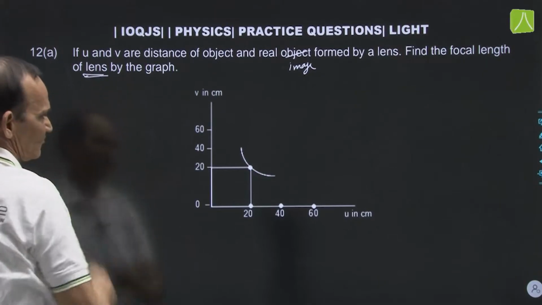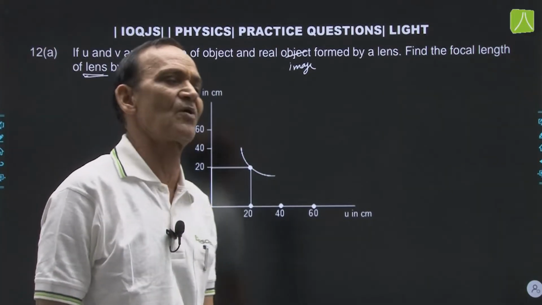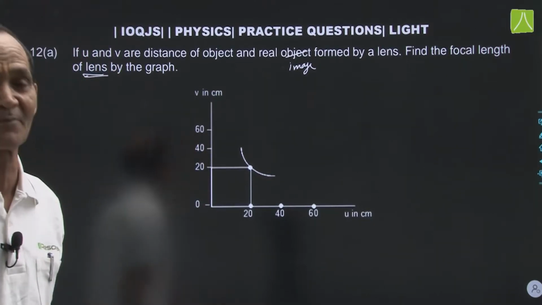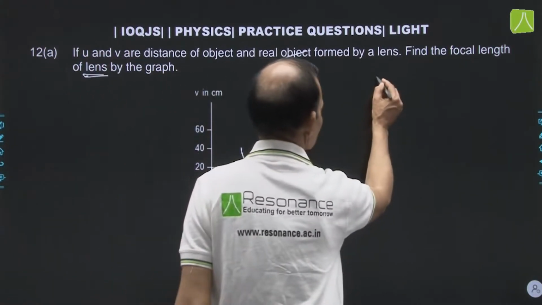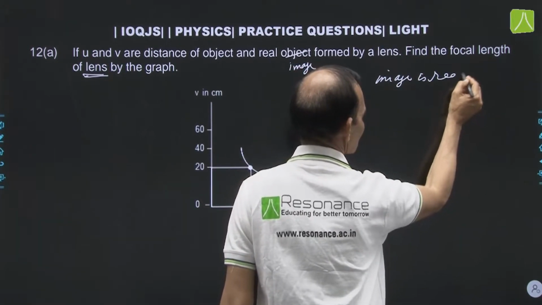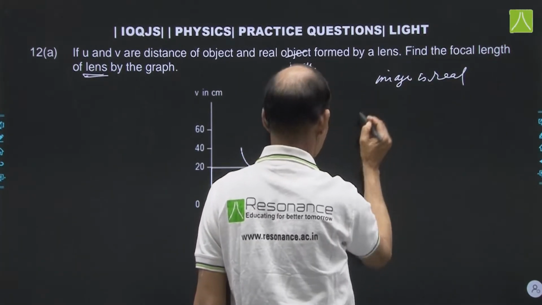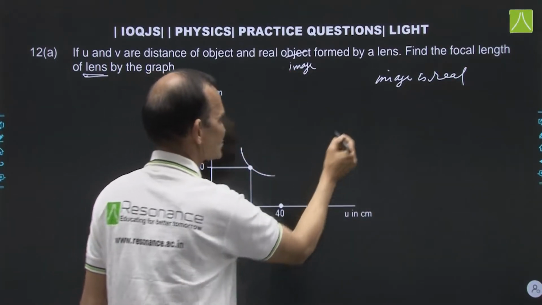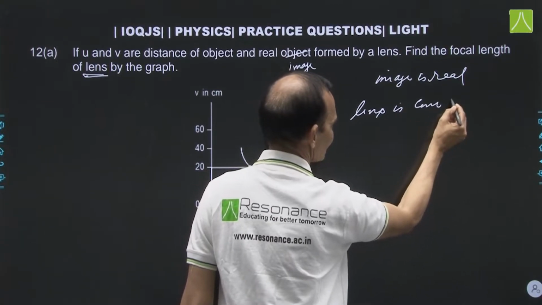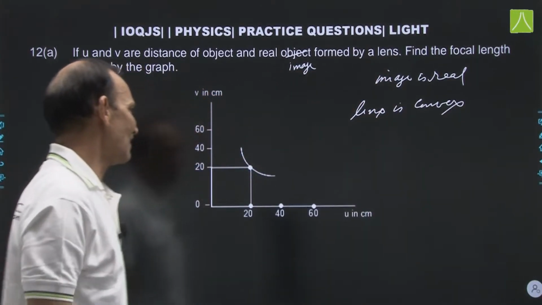It is a lens. A real image is formed by the lens. We can say then, what is the type of lens? The image is real, which is only possible if the lens is convex. Is it clear?